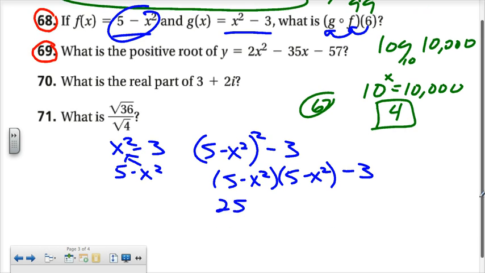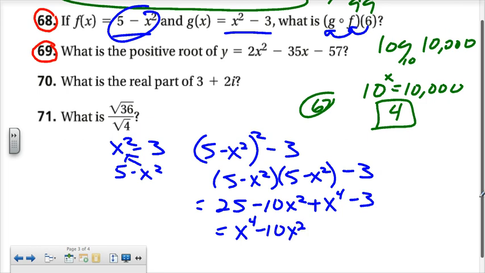So this will be 25, and then outside times outside and inside times inside are both a negative 5x squared, so that'll be a negative 10x squared. And then last times last would be plus x to the 4th, minus 3. So I would go ahead and turn things around here and put them in standard form. x to the 4th minus 10x squared, and then 25 minus 3 is plus 22.